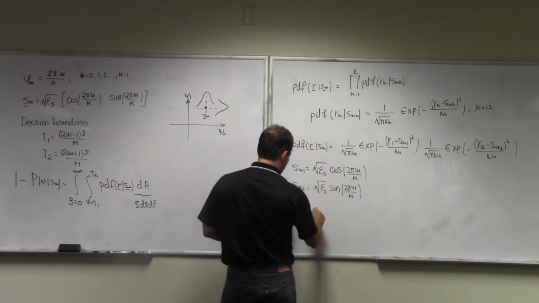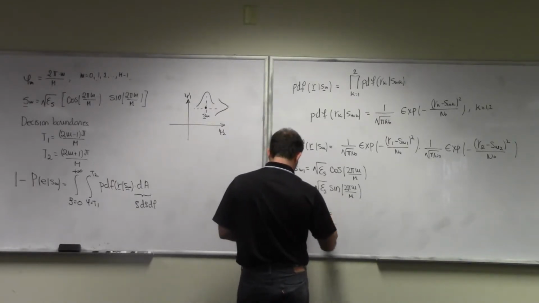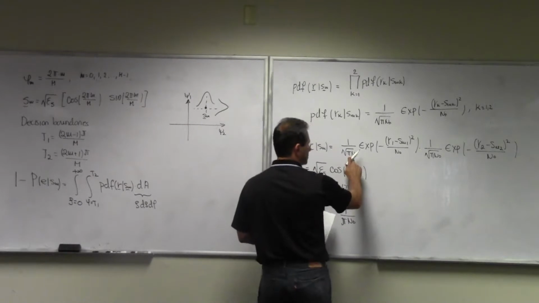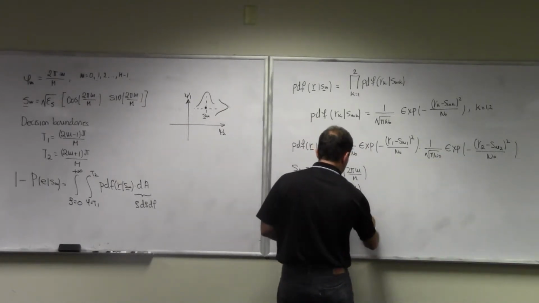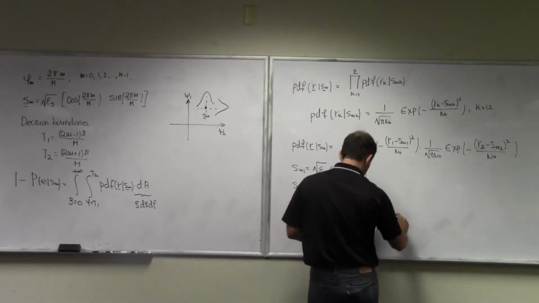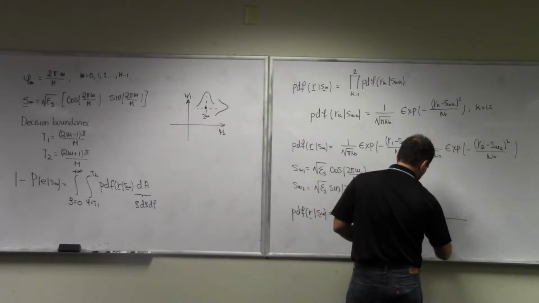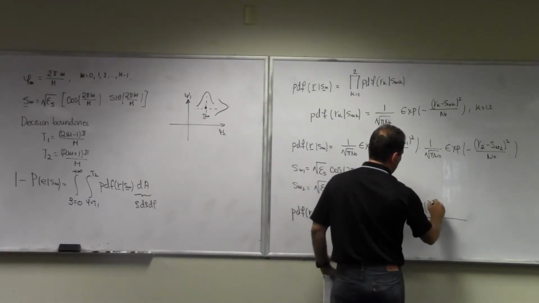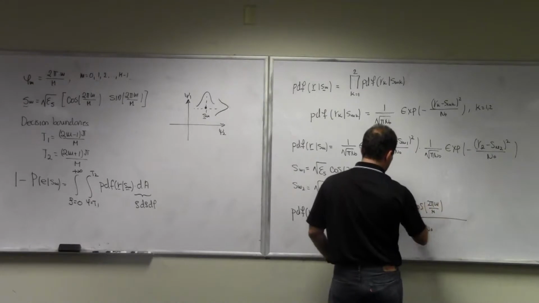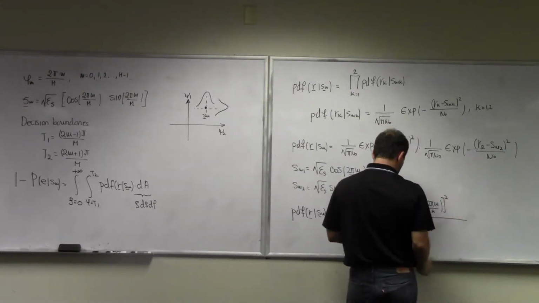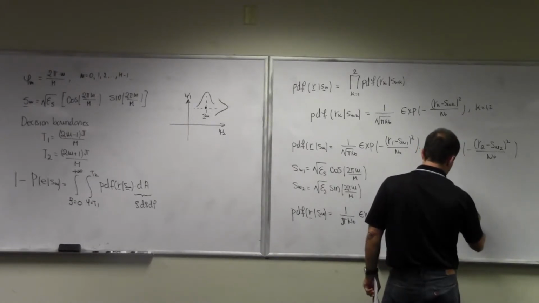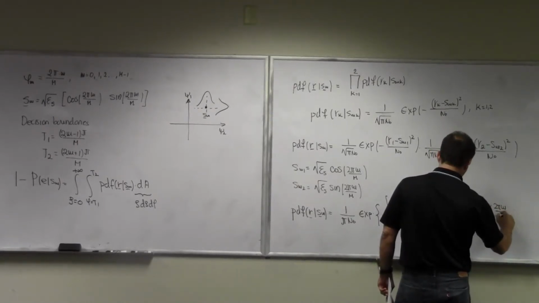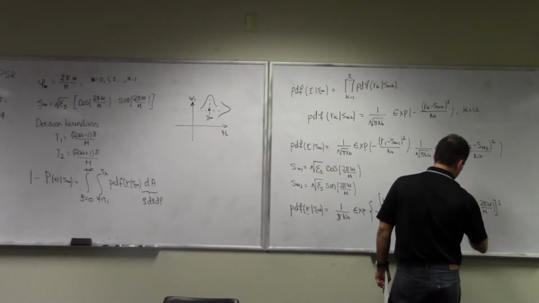The PDF of R given Sm is going to be 1 over pi N0 times the exponent of minus, with N0 downstairs, and upstairs R1 minus square root of epsilon s cosine 2 pi m over capital M, quantity squared, plus R2 minus square root of epsilon s times sine 2 pi m over M, quantity squared.